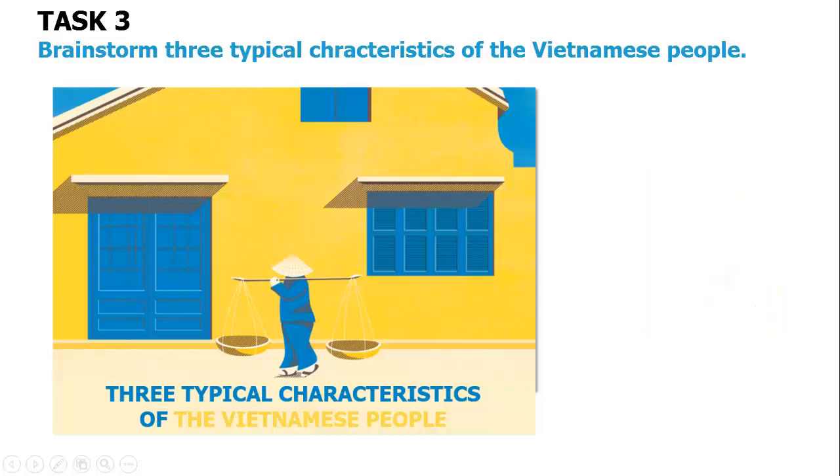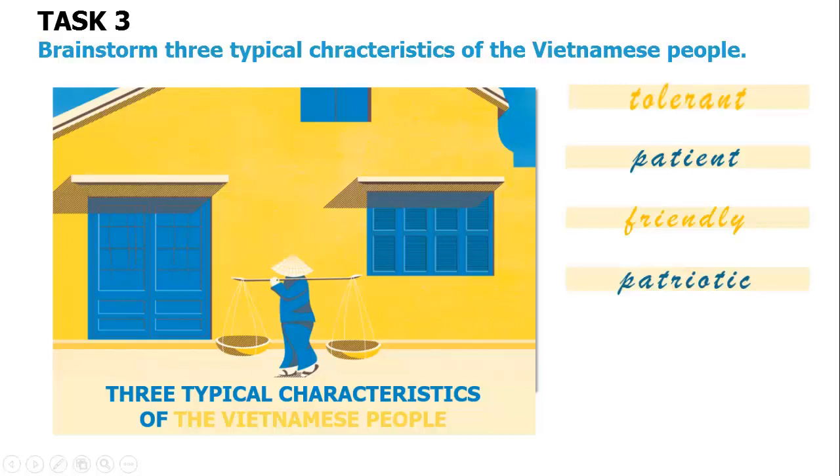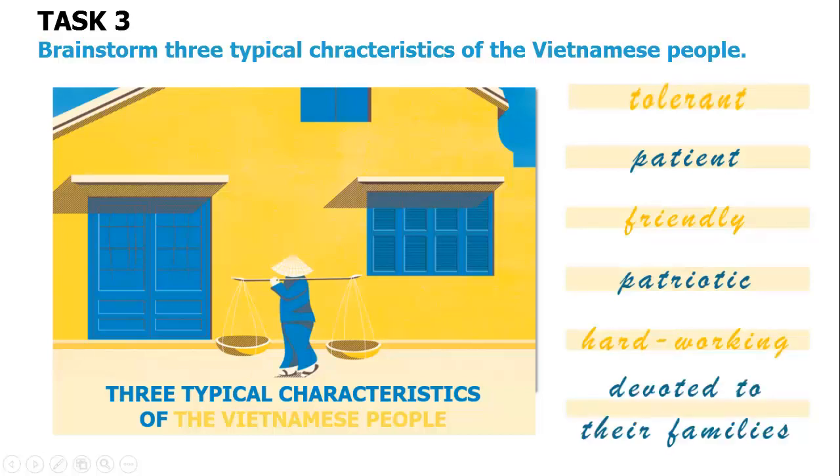Have you finished? I will give you some suggestions for Vietnamese people's typical characteristics. Tolerant, patient, friendly, patriotic, hardworking, devoted to family. You can add more.